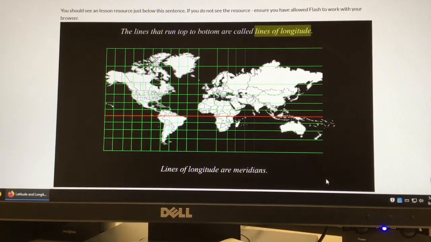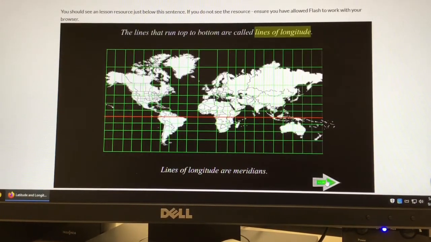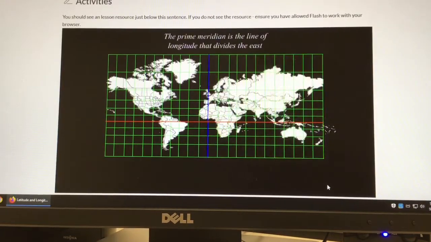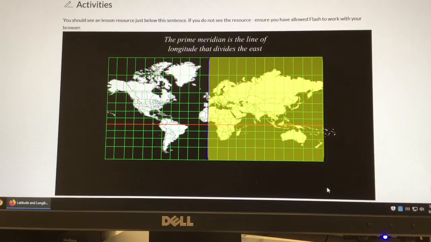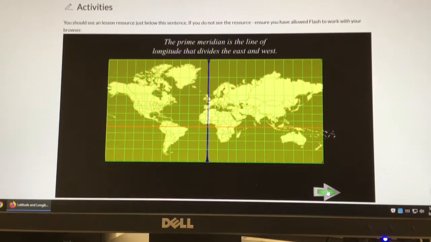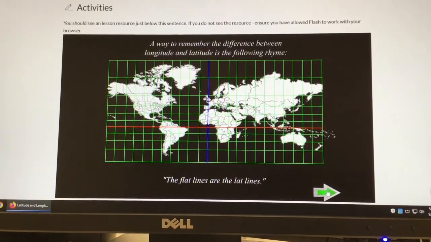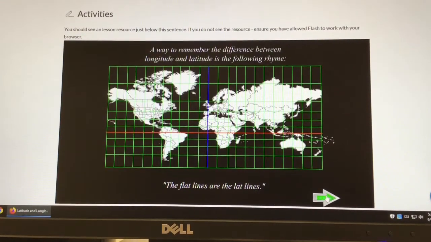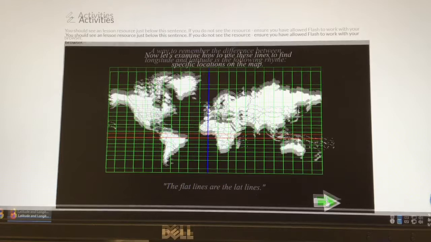Lines of longitude are meridians. The prime meridian is the line of longitude that divides the east and west. A way to remember the difference between longitude and latitude is the following rhyme. The flat lines are the lat lines.